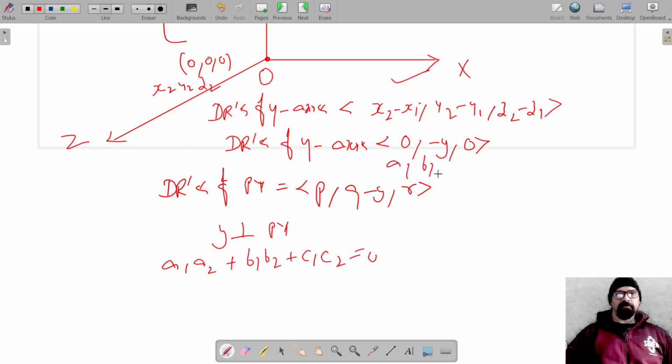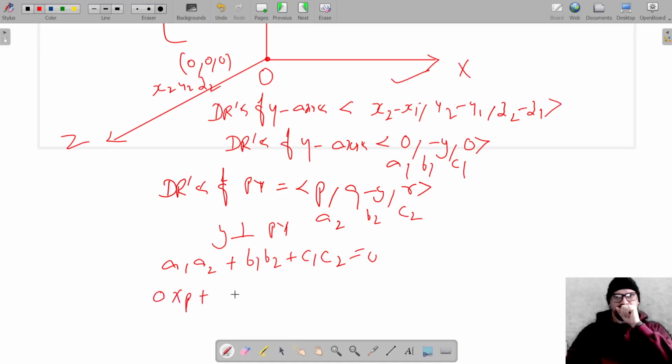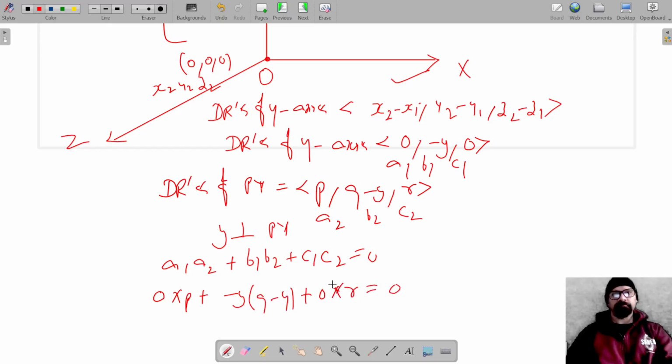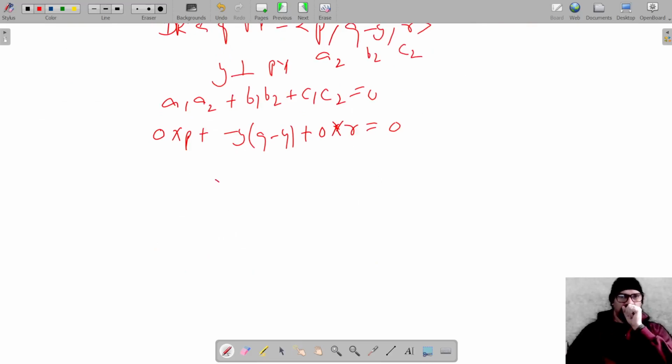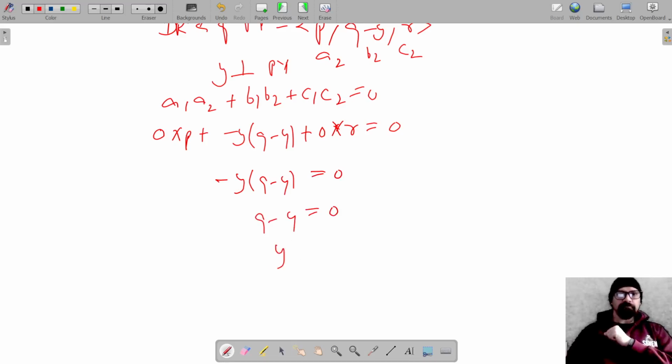These are the direction ratios A1, B1, C1, and these are A2, B2, and C2. So this is 0 into P plus negative Y into Q minus Y plus 0 into R, is equal to 0, which gives us Y is equal to Q.